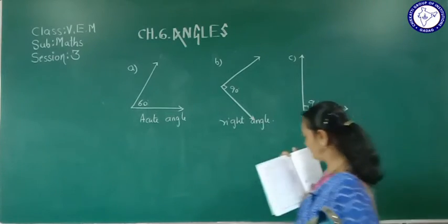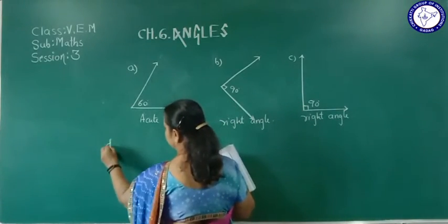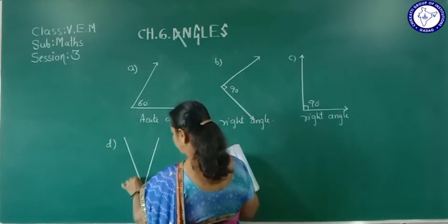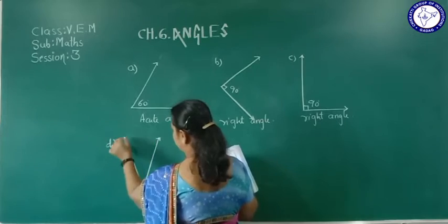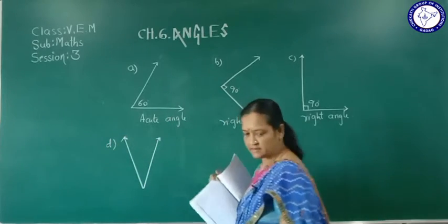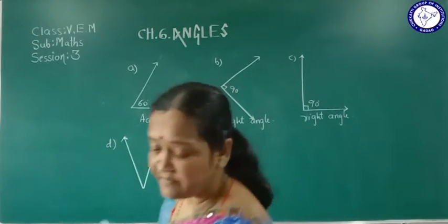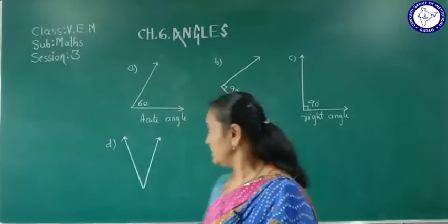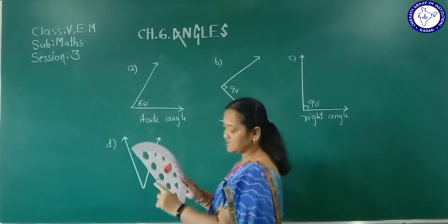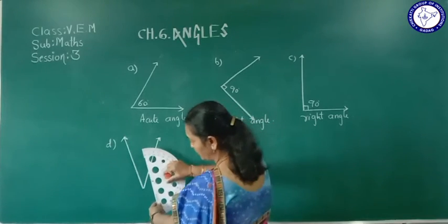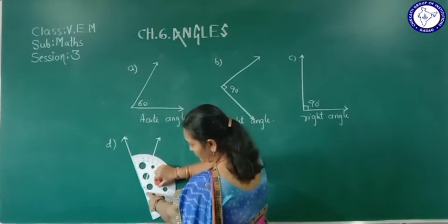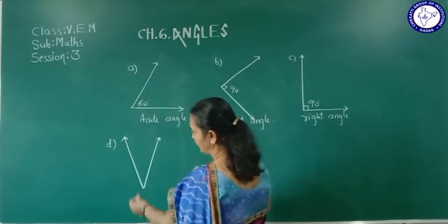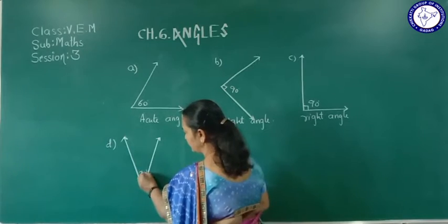Then D question, if you keep protractor on these, how you should keep protractor in such figure? Say here this is the midpoint, keep on this vertex and on any one of the line. Okay, and you will find this angle 30 degree.